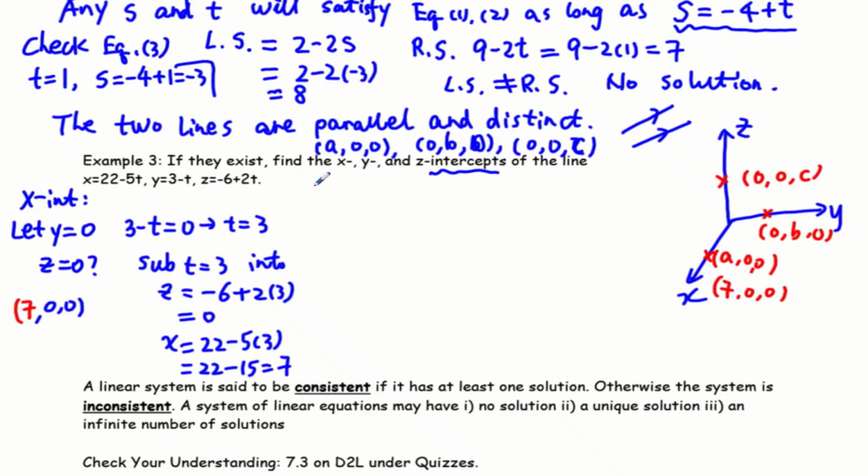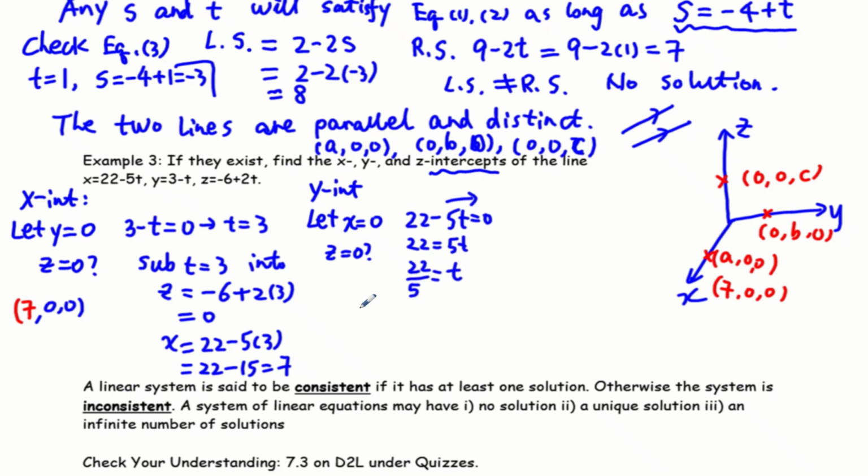For the y-intercept, we need to write x equals 0, and also check whether z equals 0 or not. So x equals 0, we have 22 minus 5t equals 0. 22 equals 5t, so t equals 22 over 5.